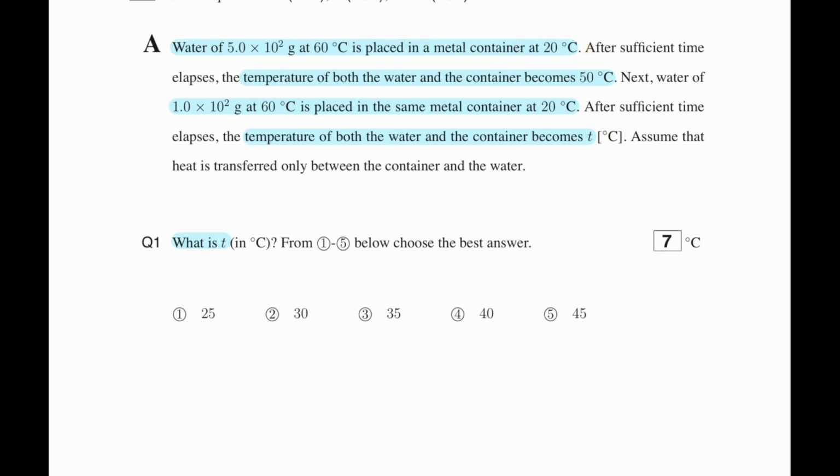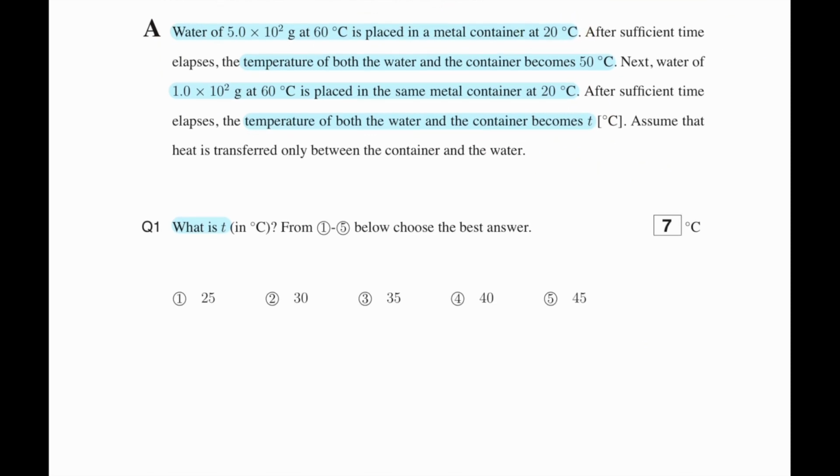So I can write down Q is heat, yeah. Q released by water must be absorbed by metal container. This is the Black's principle. The principle is similar to the conservation of energy.